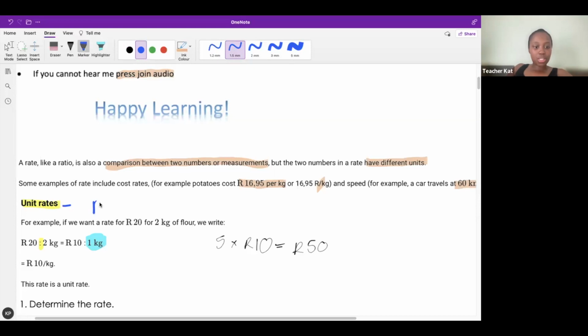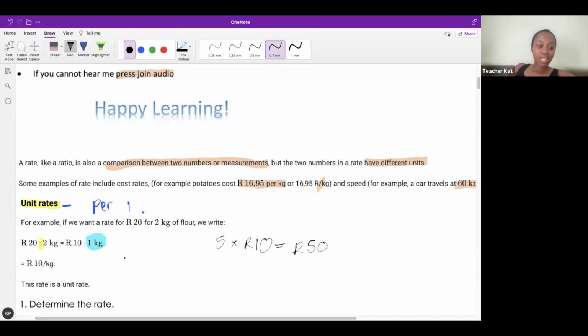So a unit means per 1 kg or 1 kilogram or 1 whatever. That's what a unit rate is. The way we write it, you write the price, which is 10 Rand, and then you write a forward slash, not a backslash, a forward slash, per kilogram.